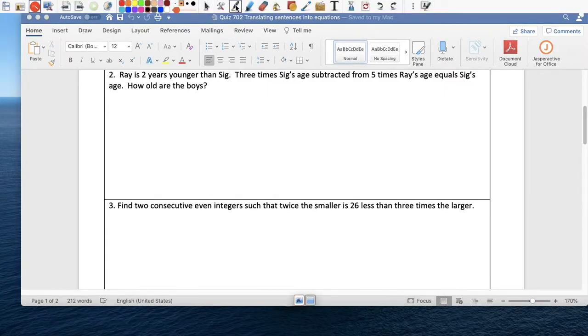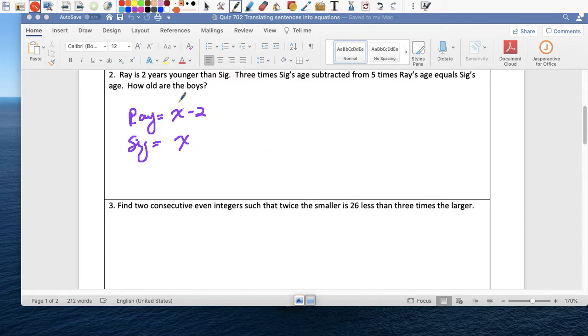Ray is 2 years younger than Sig. Okay, so we have Ray and we have Sig. So Ray's age is based off Sig. Sig is x, and Ray is 2 years younger, so x minus 2.